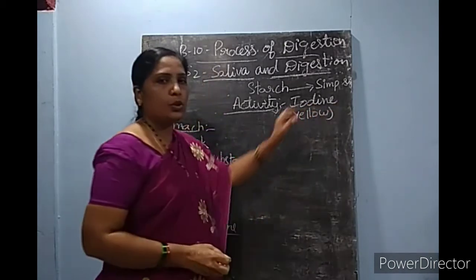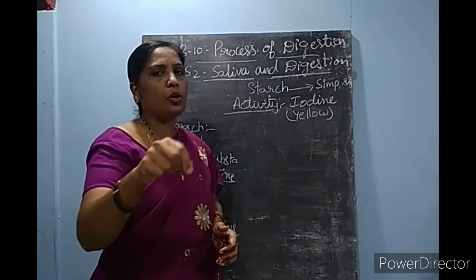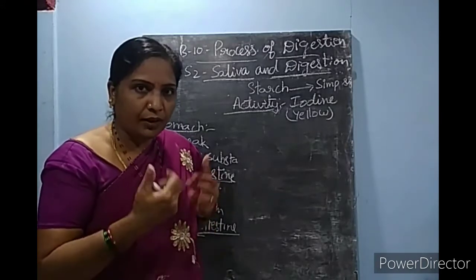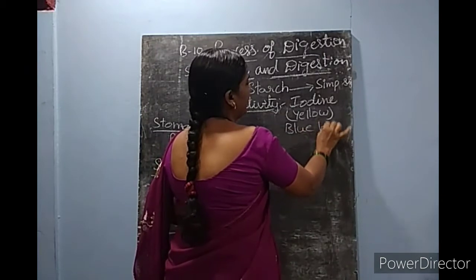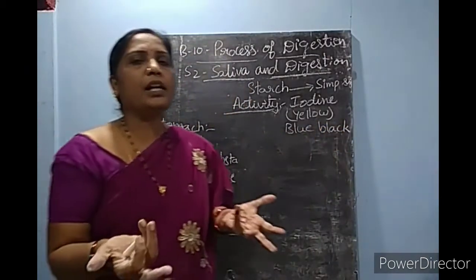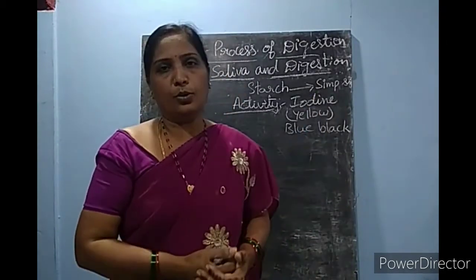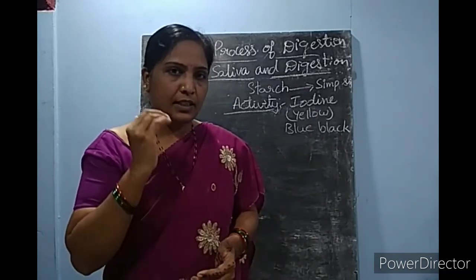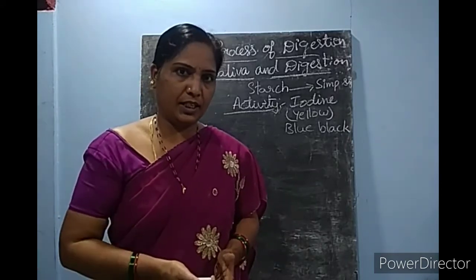When you put 1 or 2 drops on any food item which contains starch, it will turn blue-black. If the food does not have starch, it will not change color and will stay yellow. So now we will see whether our saliva is able to convert starch into sugar or not.